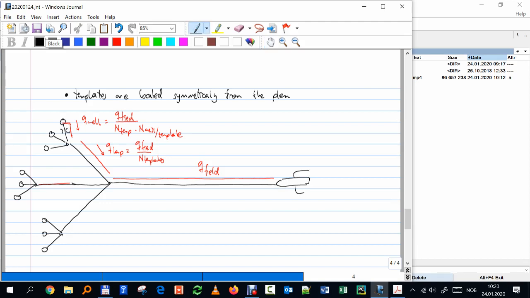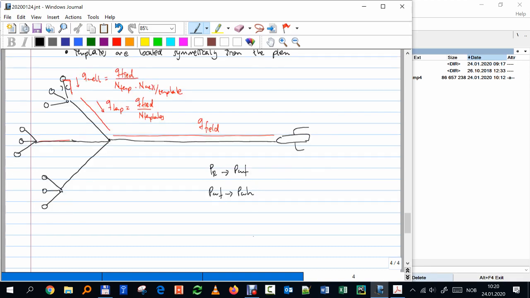We have from PR, which is common for all of them, to PWF, from PWF all the way to wellhead. This pressure, I'm going to call it P template, and this will be P PLEM. So that's what we call the IPR, that's what we call the TPR.